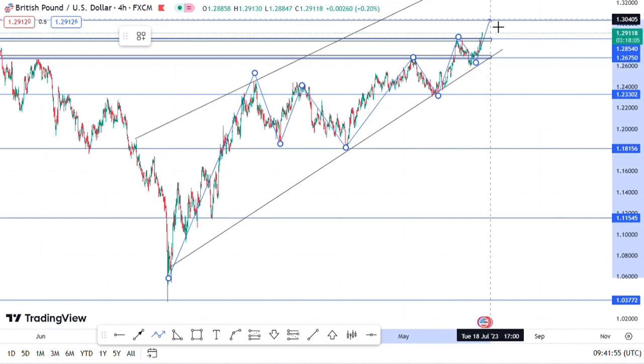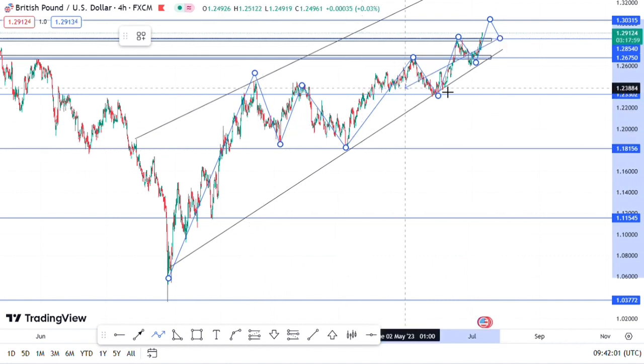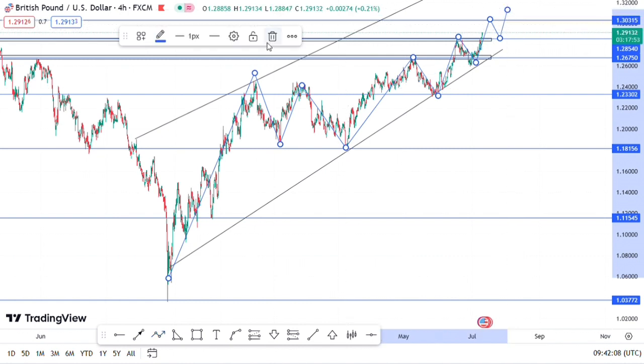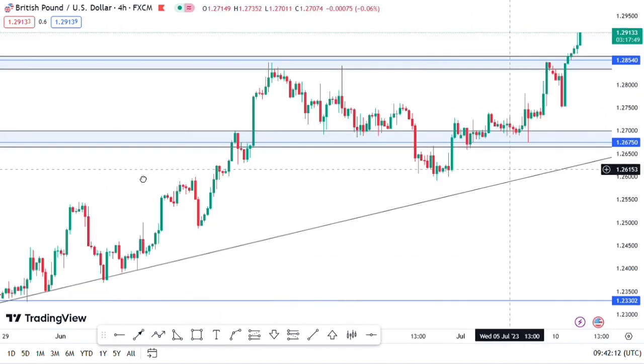So we are expecting another push and then a correction, higher highs and lower highs. We gotta have a lower high in order for us to enter some buys.